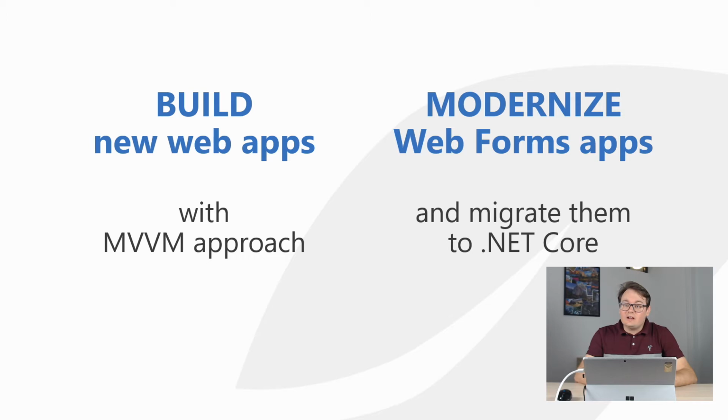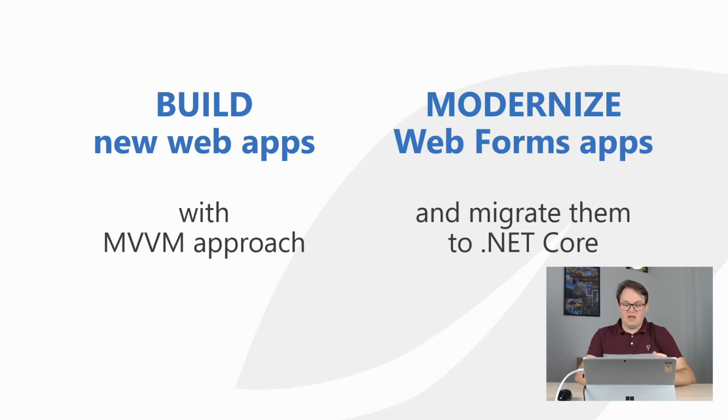The other scenario, which evolved quite recently, is that DotVVM can be used to modernize old ASP.NET applications, because DotVVM is supported on both .NET Framework and .NET Core. So you can use DotVVM with the .NET Framework, and you can use it as a migration bridge to .NET Core.